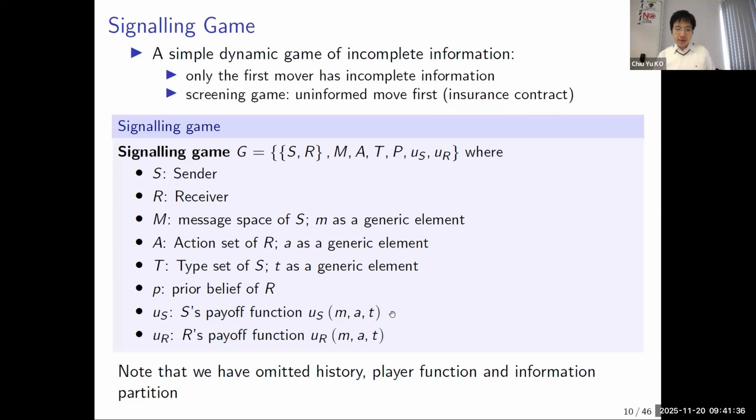Within the class, it can be very complicated already. So here we have a sender-receiver game, and the sender can send different messages, and the receiver can take action after seeing the message. So M is the message space, A will be the action set, and T will be the type, okay? And p, small p, should be the belief, and then US and UR as well. That's the payoff function.